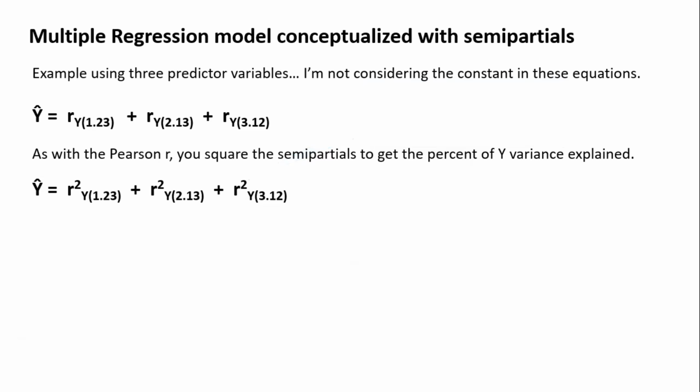It's called a semi-partial correlation. What we're talking about now is the way to interpret the multiple regression model or equation that you have. This is a way to interpret it, which is usually the hardest part.